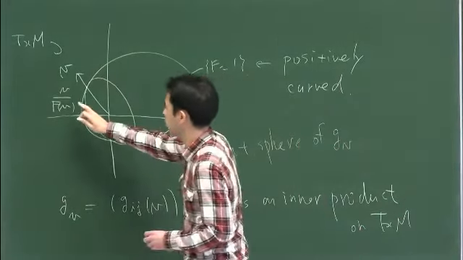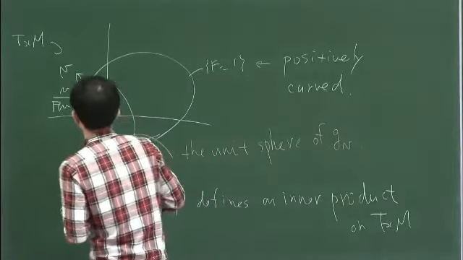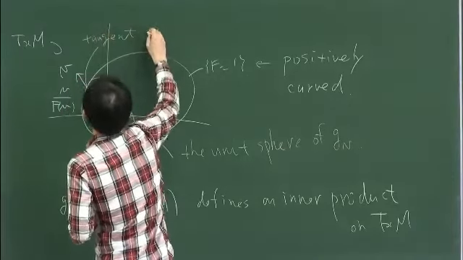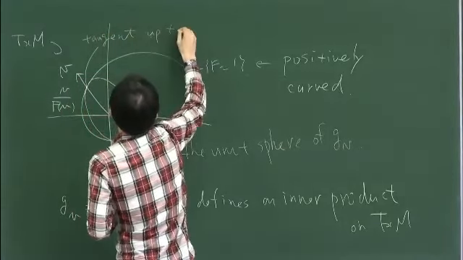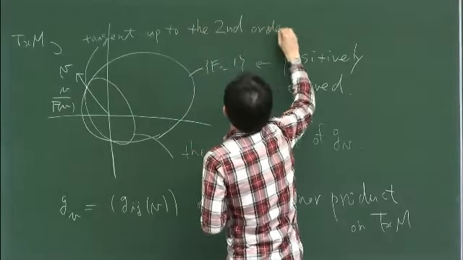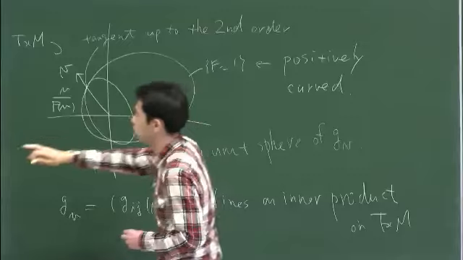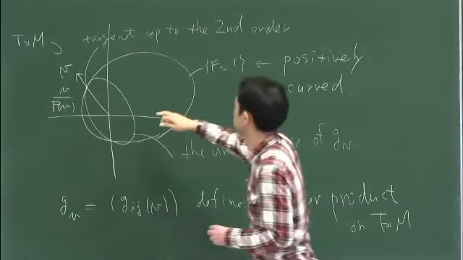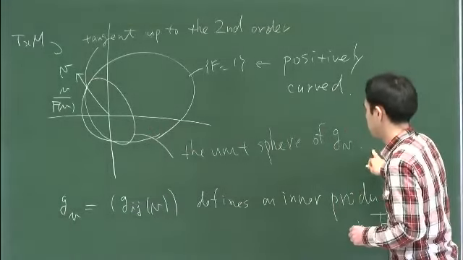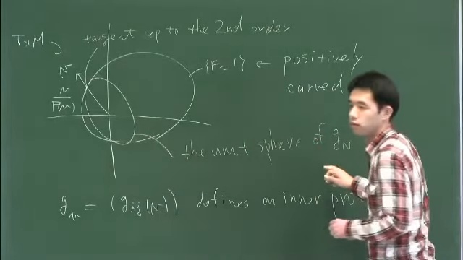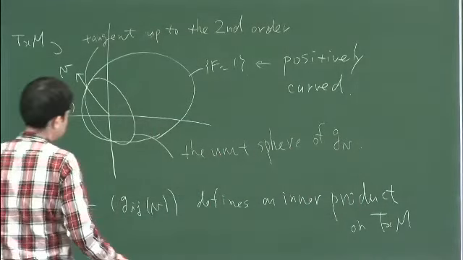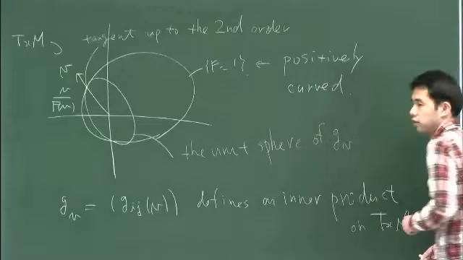Because this is strongly convex, there is a unique ellipsoid tangent of second order. Then this ellipsoid coincides with the unit sphere of g_v. And of course, if the manifold is Riemannian, all g_v coincide with the original Riemannian structure.